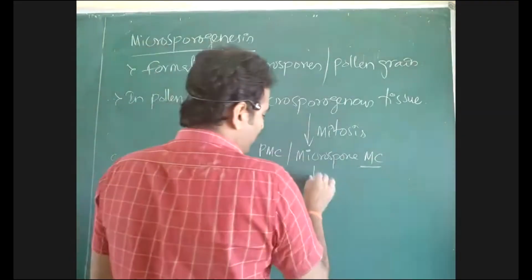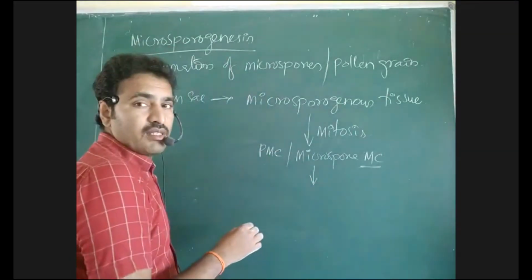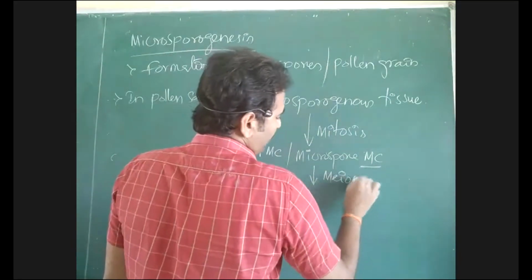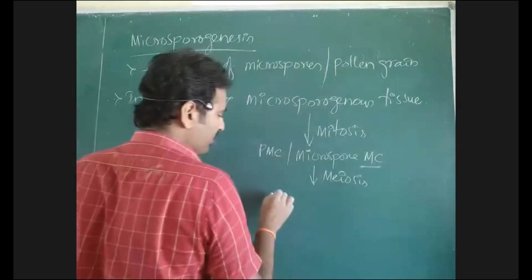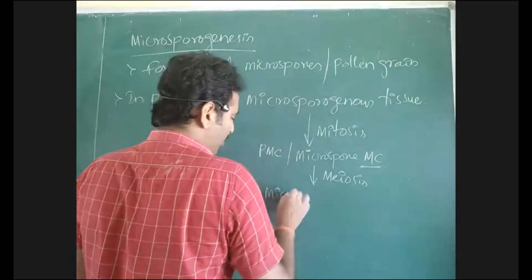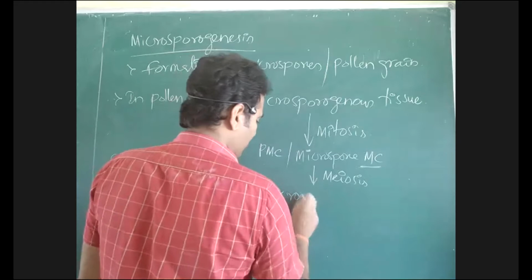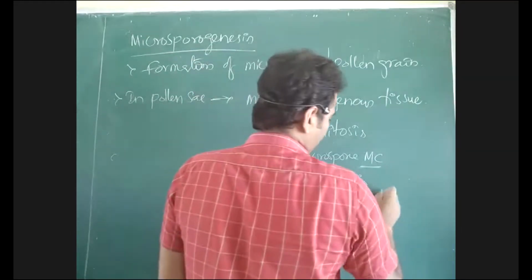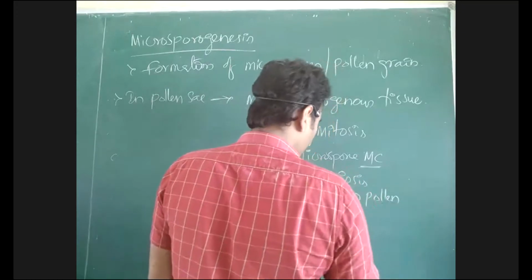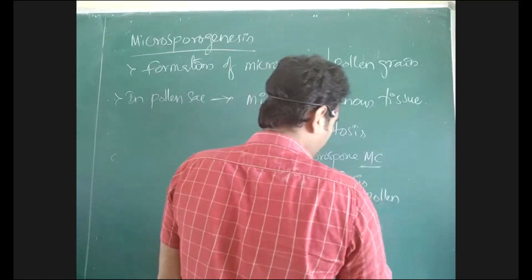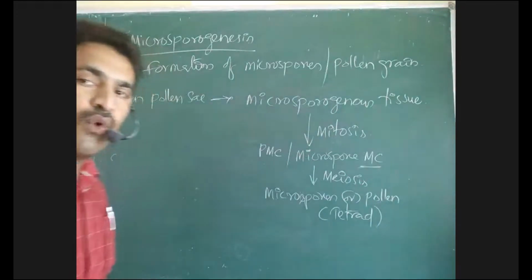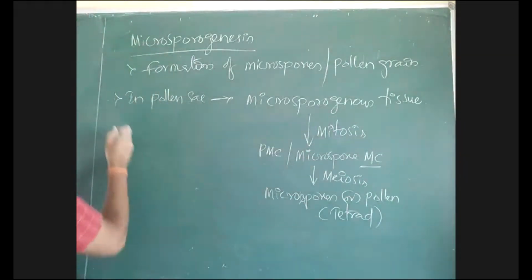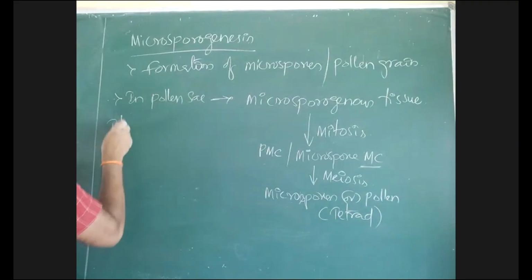Then this PMC, pollen mother cell or microspore mother cell, undergoes meiosis. By meiosis, there is formation of microspores or pollen. These are formed in the form of a tetrad. 4 haploid microspores are formed in a tetrad.